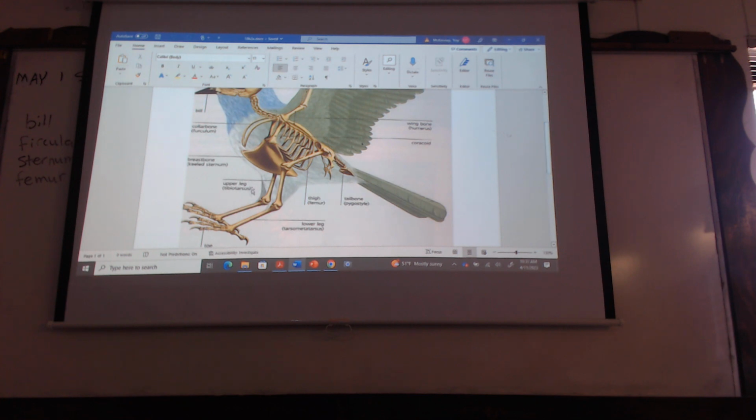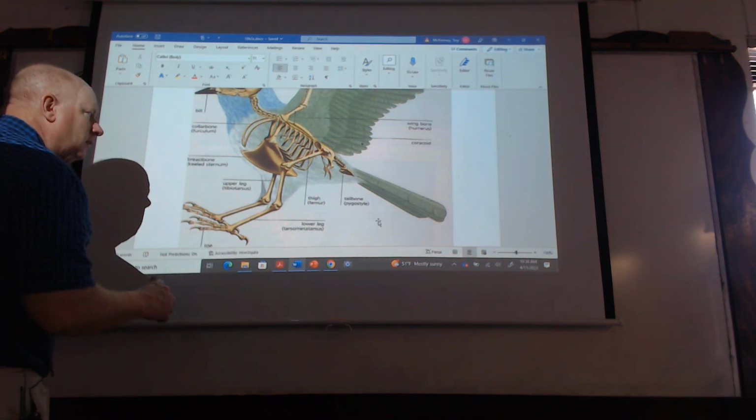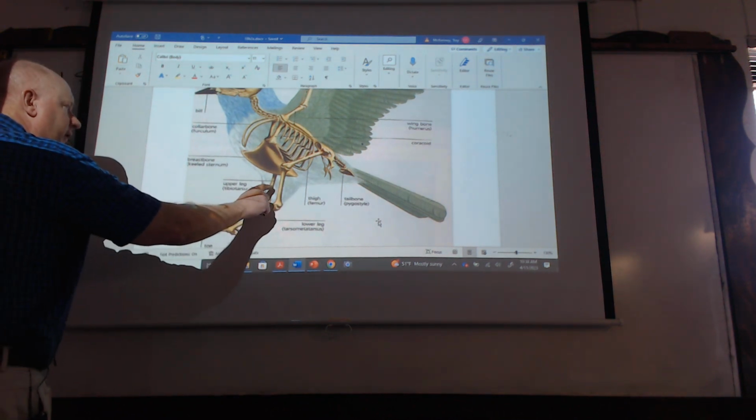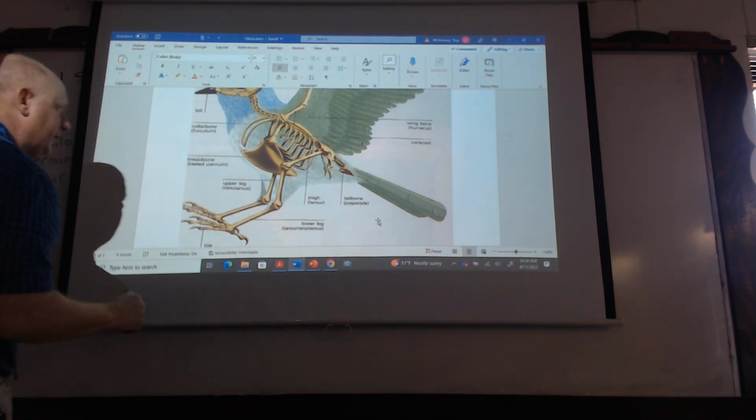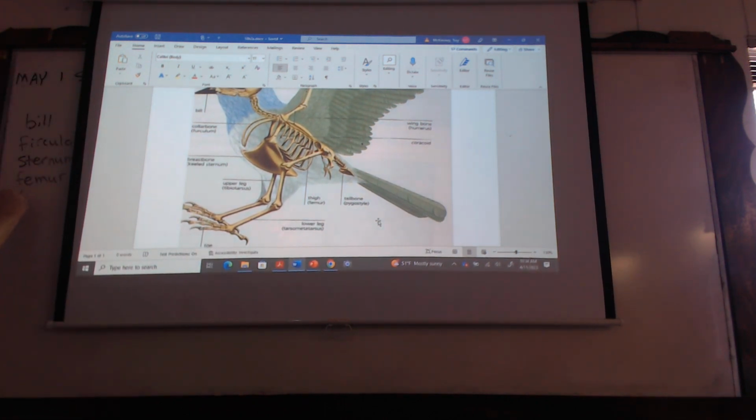No, that's what they're doing right there. Okay, so we want you to know the femur, of course, and then we're going to call this the tibia. I mean, that's part of its name. It says tibia tarsus, but we're just going to say tibia, just like that in humans.